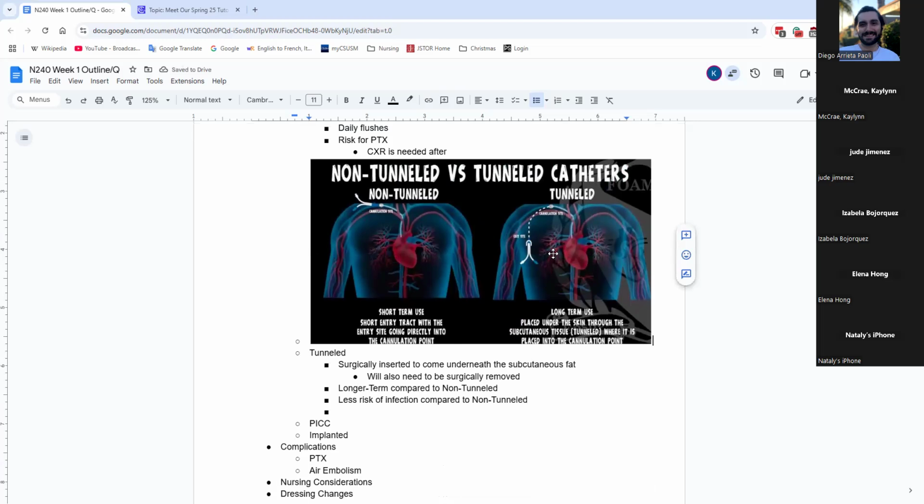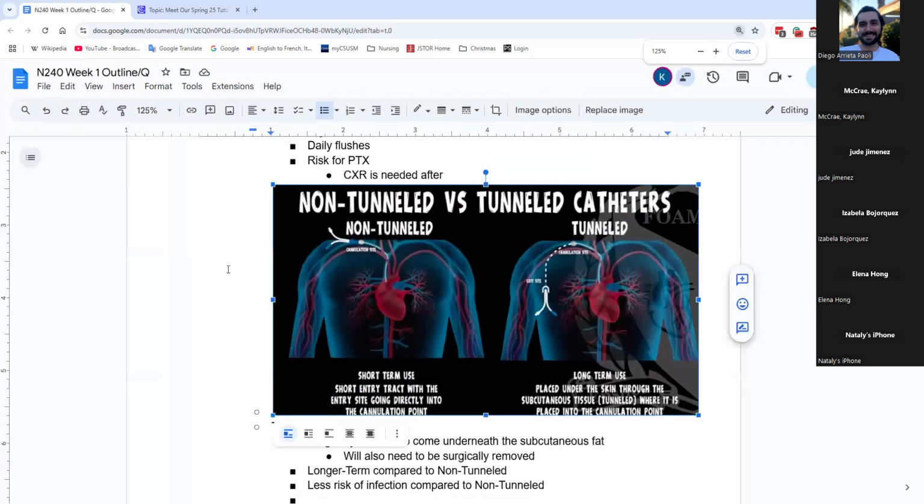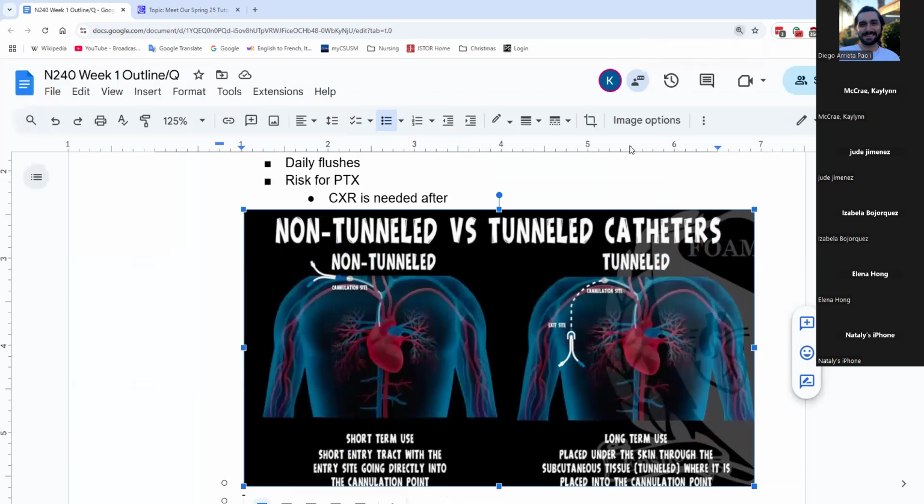It's still the subclavian. So you see here, I'll probably zoom in. This is the non-tunneled. It's in the subclavian and makes its way here. Versus the tunneled, it's still inserted in the subclavian, but then you have this extra bit of tubing that is placed underneath the subcutaneous tissue.